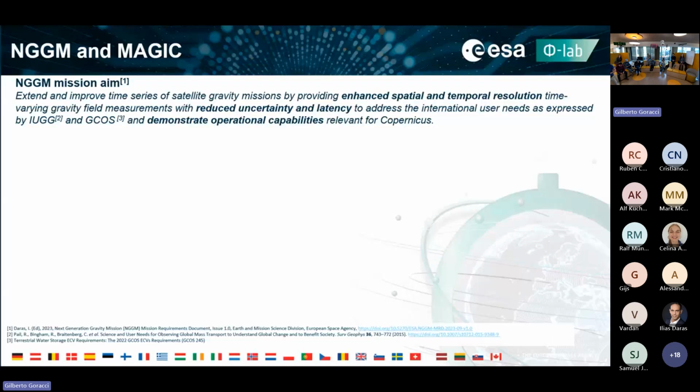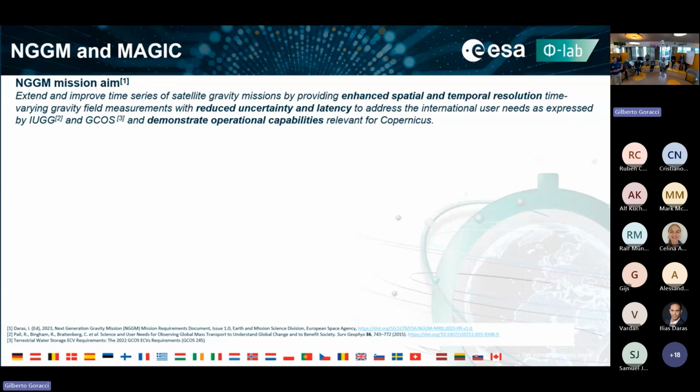With this particular configuration, we aim at extending and improving the time series of the satellite gravity mission with much better spatial and temporal resolution with respect to what we have now with missions such as GRACE and GRACE Follow-On. We also want to reduce the uncertainty and the latency, which is crucial if we want to monitor extreme events, for example, because we need a very short latency from where the data is collected to when the data is available to the community.